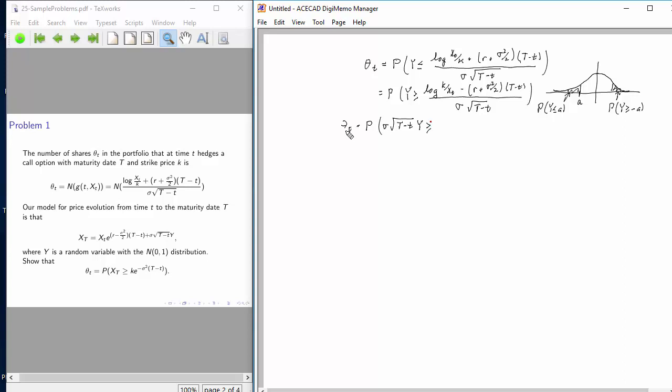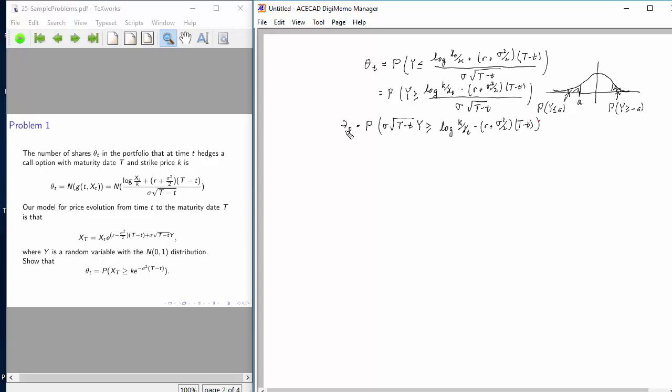And that, of course, is going to be greater than or equal to the log of the price ratio minus r plus sigma squared over 2 times capital T minus little t.